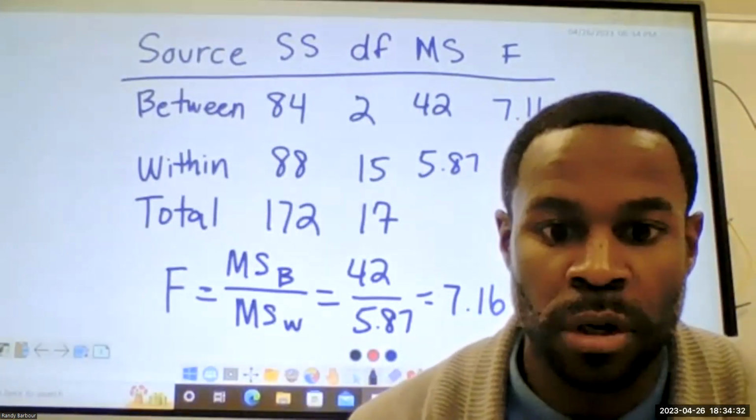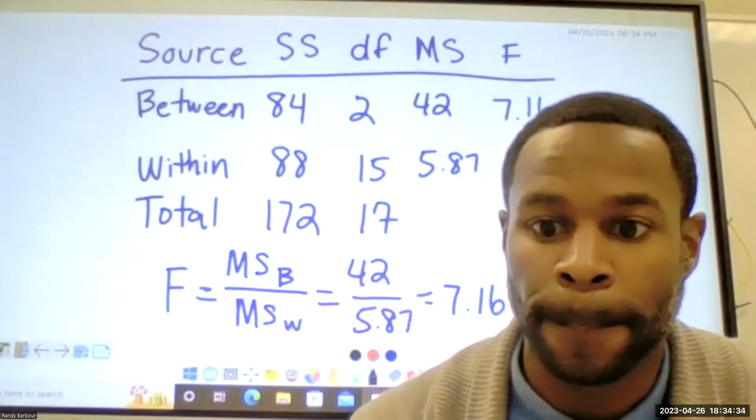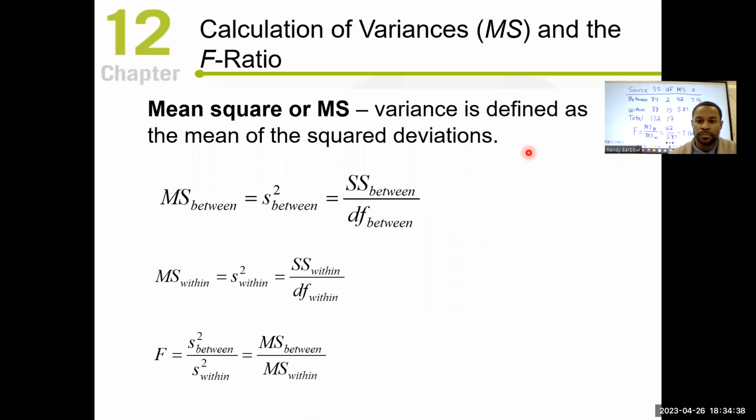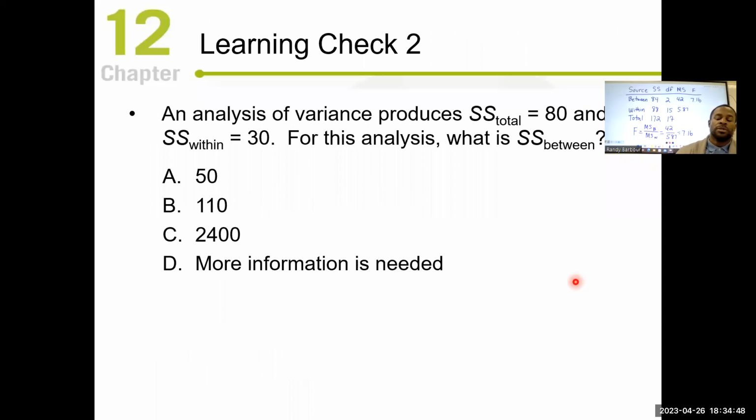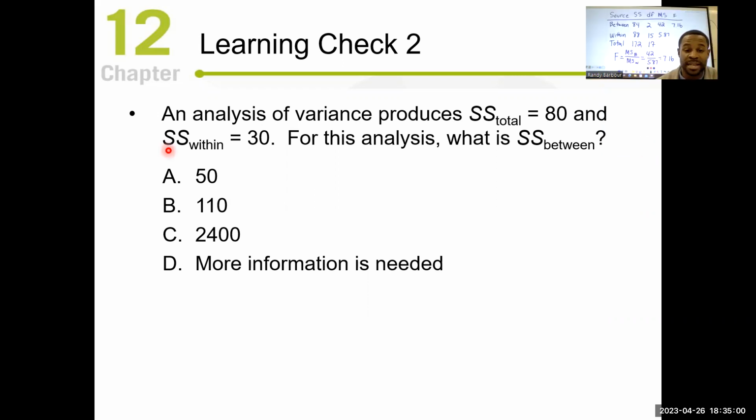Let me go back to the slide real quick. Here's just a check for everyone. It says an analysis of variance produces a sum of squares total of 80 and a sum of squares within of 30.